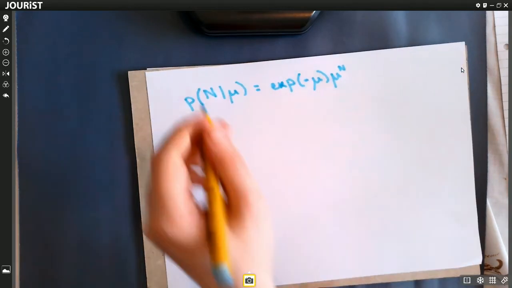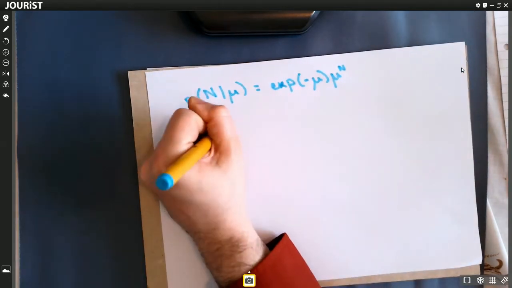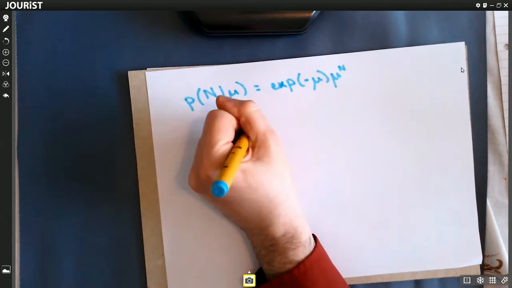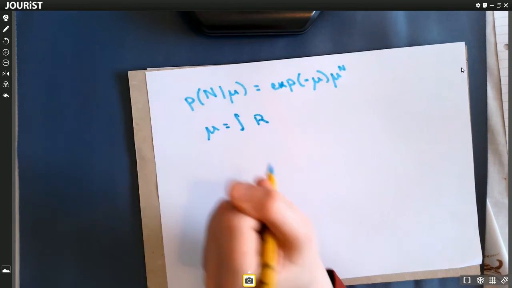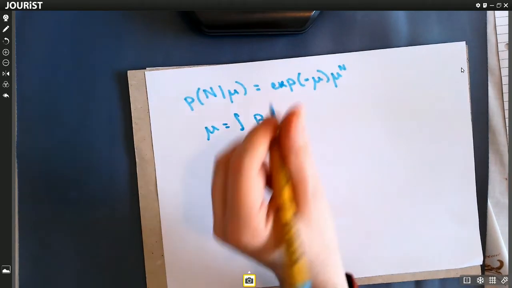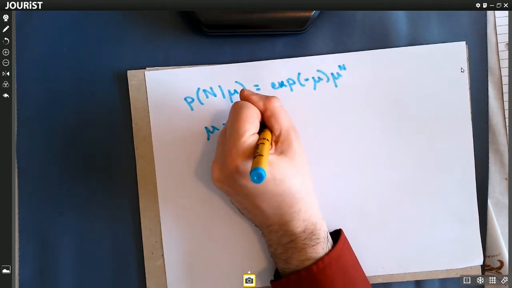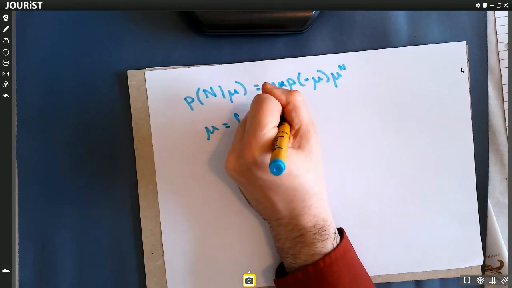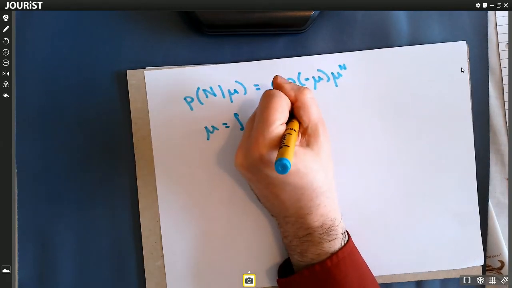Well, mu, the number of detections we expect, is going to be set by the rate of events, r, multiplied by the distribution of events, so theta given our model.